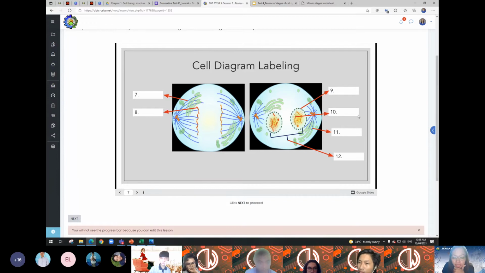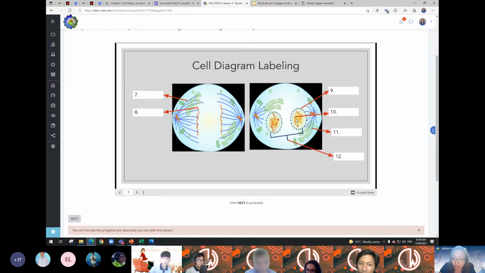Speak up, so I can recap the next lesson. Number 9, Tabungar. Nucleus, ma'am. Okay. To be specific, I will accept nucleus, but class, in the exam it says nuclear membrane. It is the nuclear membrane.